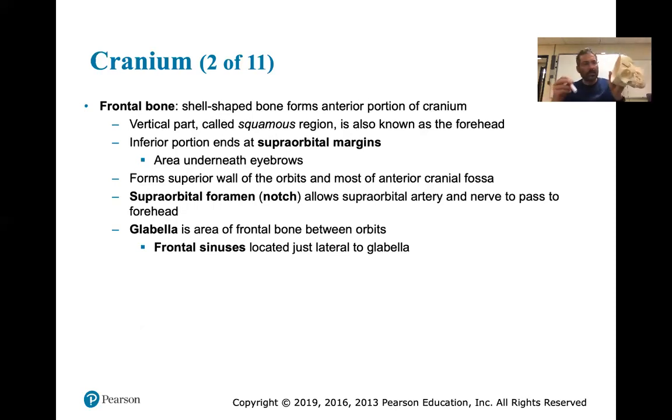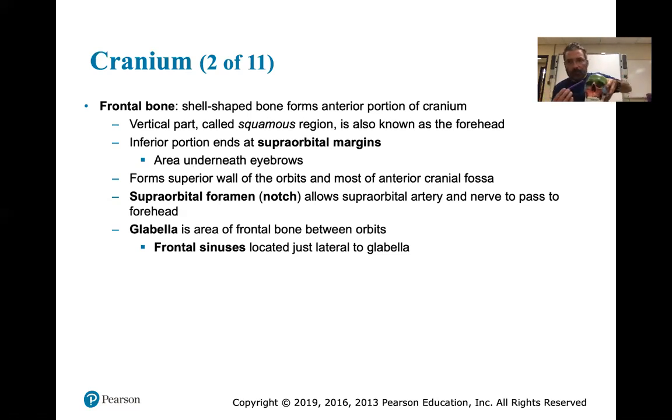Maybe I'll do that. Would be up in here. I'm actually transilluminating a real skull. You can see how thin that is because the light's going right through it. The inferior portion ends at the supraorbital margin, so supraorbital. All right, supra means always above. This is the orbital, so supraorbital.